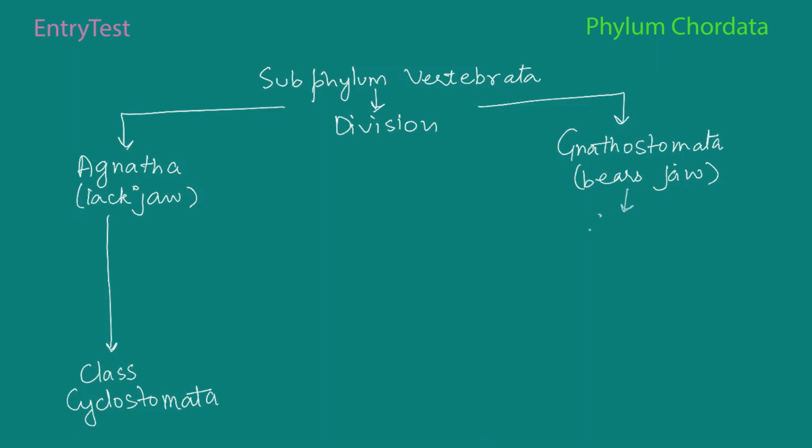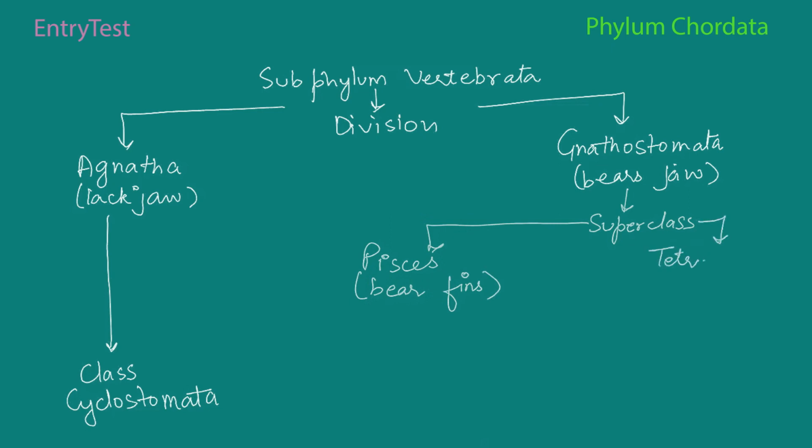So we will write here superclass. One of them is Pisces, which contains fins. The other one is Tetrapoda, that bear limbs.